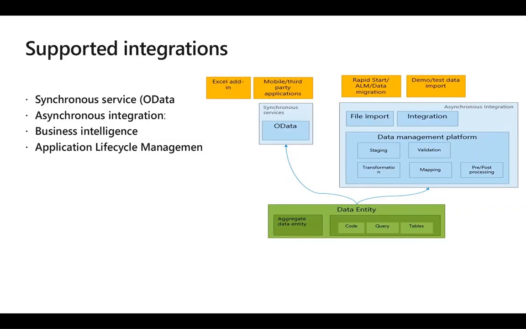The other one is asynchronous integration. Data entities also support asynchronous integration through a data management pipeline. This enables asynchronous and high-performance data insertion and extraction scenarios. This method is used for interactive file-based import-export and recurring integrations.